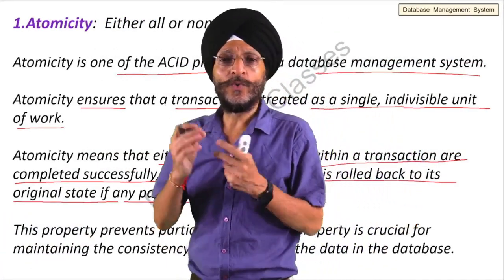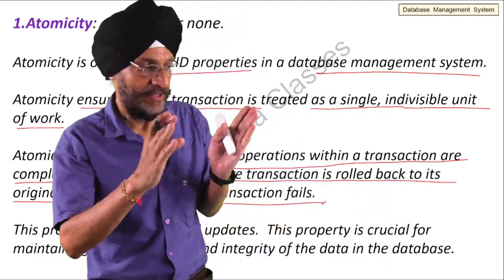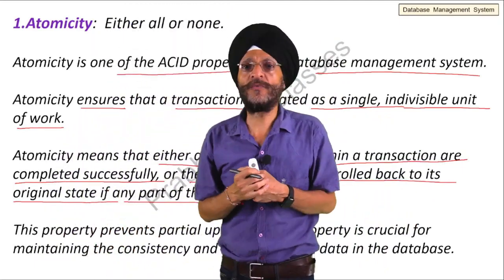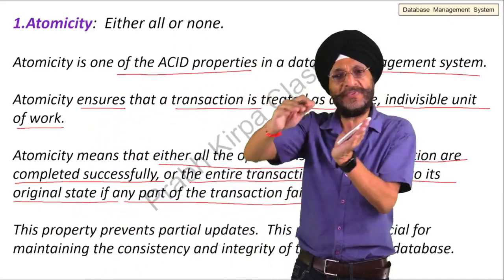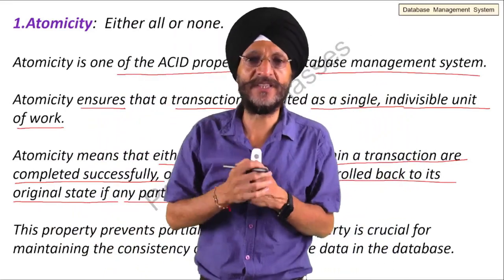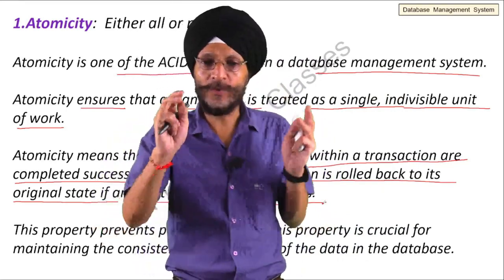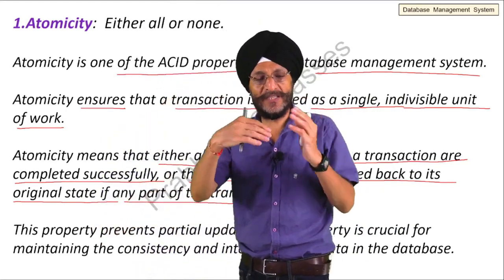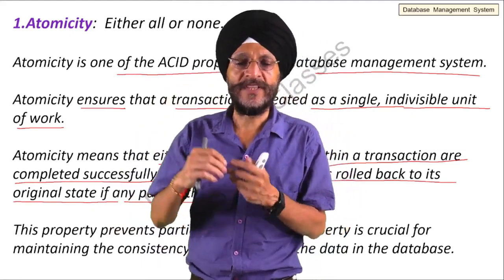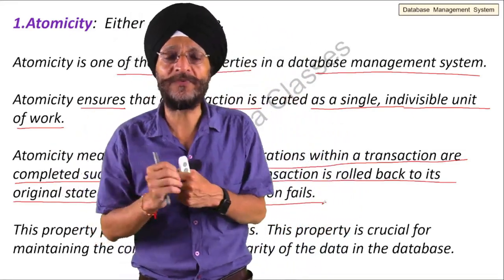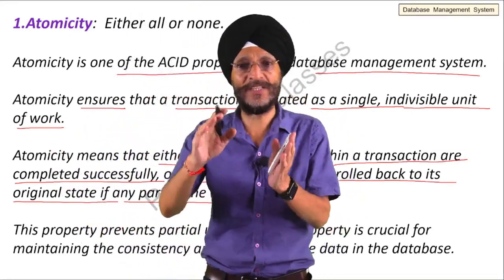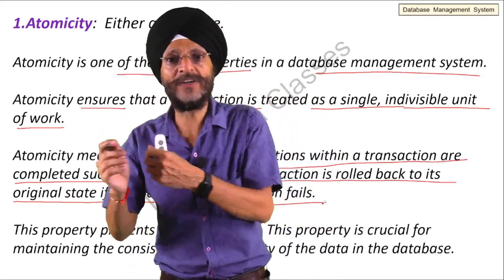Suppose you go to an ATM machine to withdraw money. You have to perform many steps. First, insert the card. Then you may be asked to select your preferred language. You may be asked about your PIN. Then you may be asked what you want to perform on the ATM machine, whether you want to check your balance or withdraw an amount.